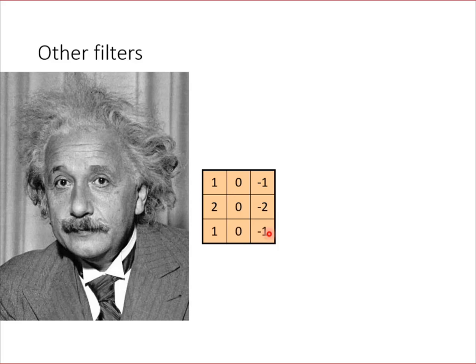Okay, so you can think about it this way. If this is a smooth region, for example the background is very smooth, a pure white region, what is the expected result?